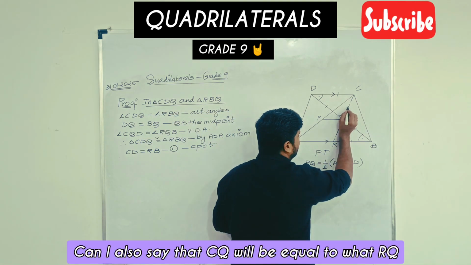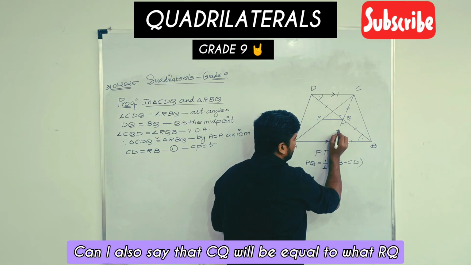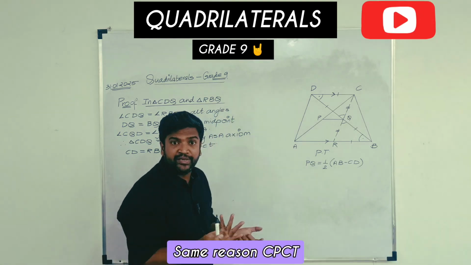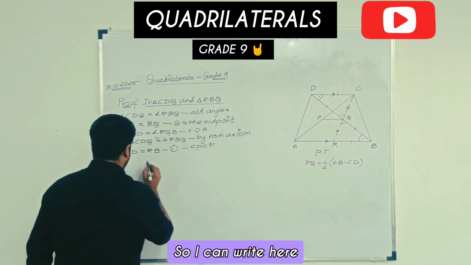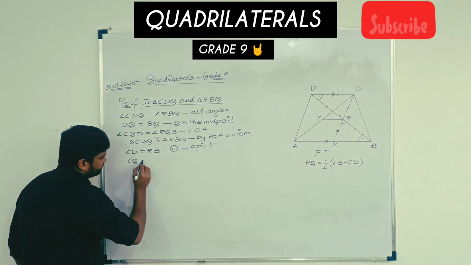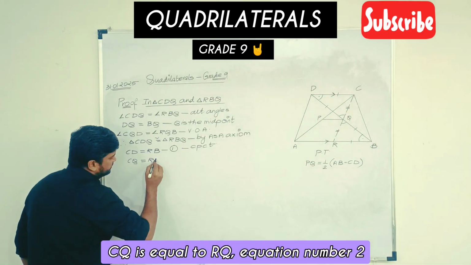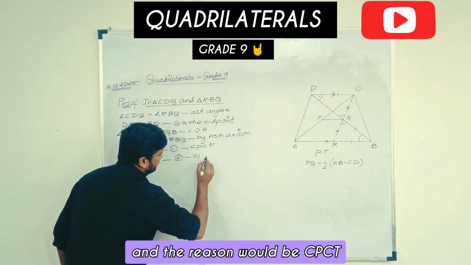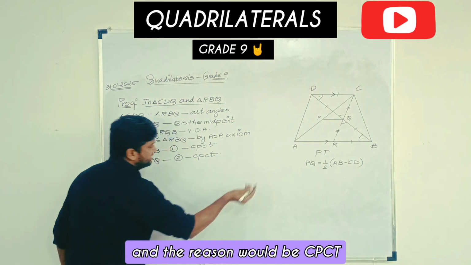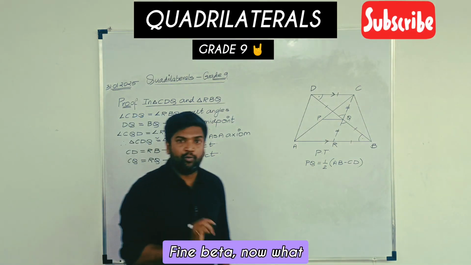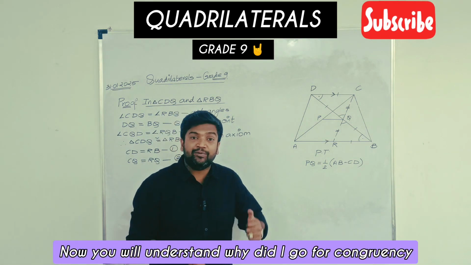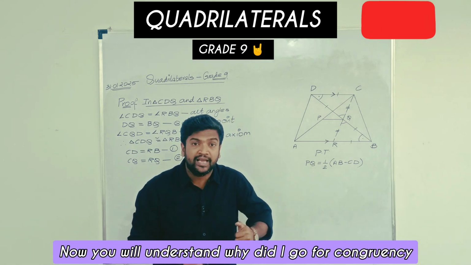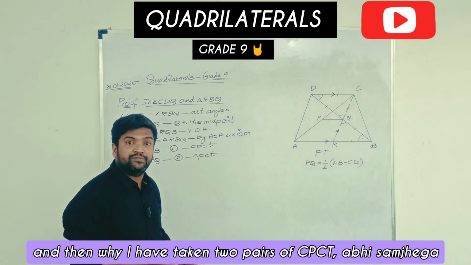Can I also say that CQ will be equal to RQ? Same reason, CPCT. So I can write here CQ is equal to RQ, equation number 2, and the reason would be CPCT. Fine, beta. Now you will understand why I went for congruency, and why I have taken two pairs of CPCT.